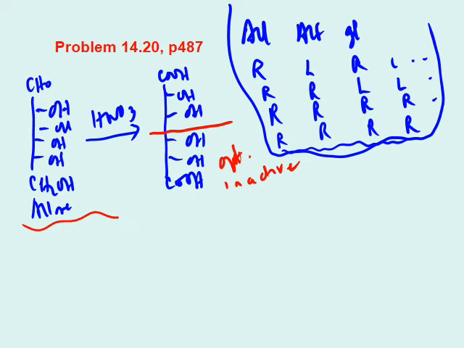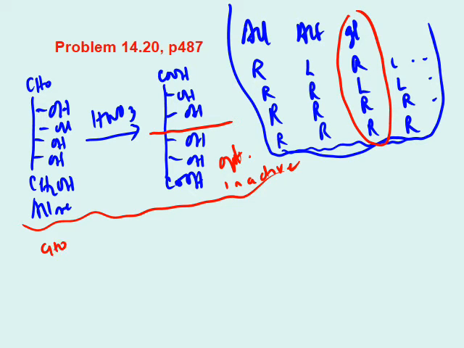Now let me draw glucose. Now glucose is given by this. So I'm going to write down first the glucose structure, CHO on the top, and then CH2OH on the bottom. Now you can see the first one is right, OH is on the right for the first chirality center.